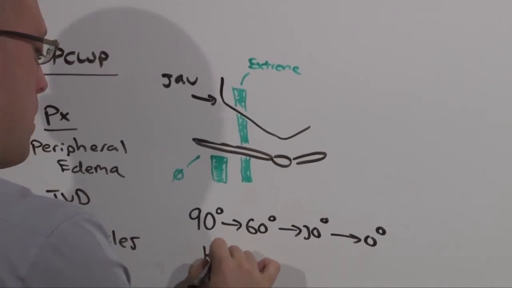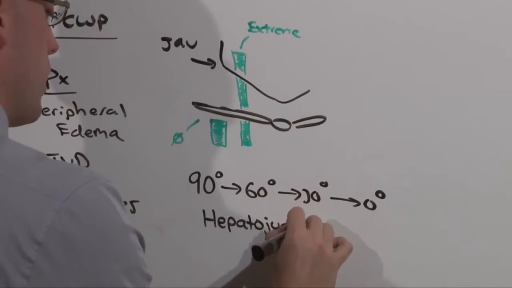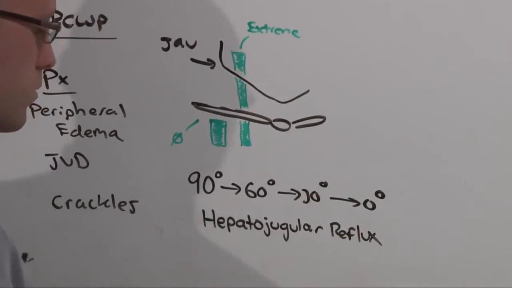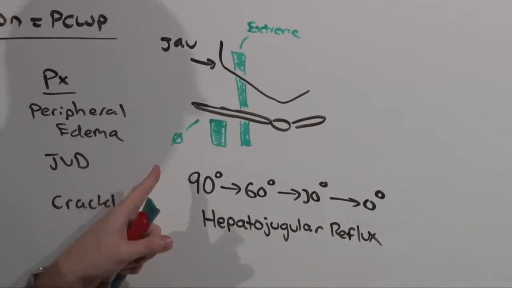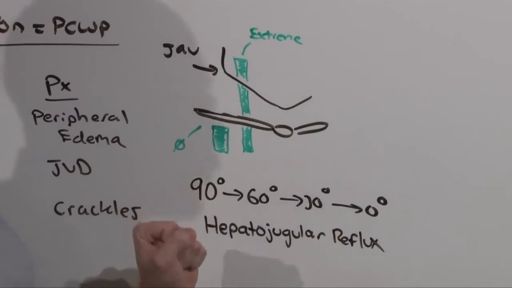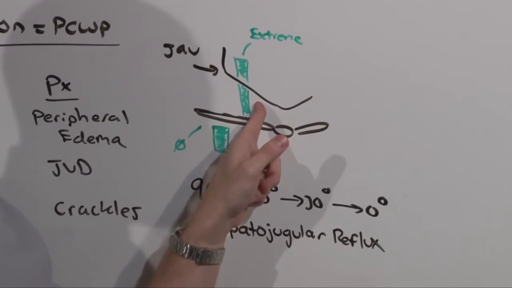performing the hepato or abdominal jugular reflex. At 90 degrees, you need to have the most pressure in order to show the jugular venous pulsation.